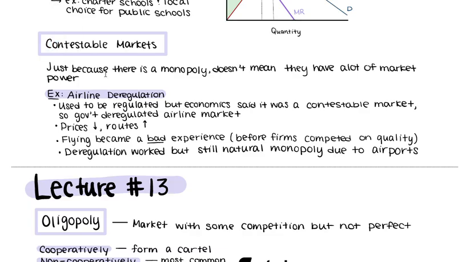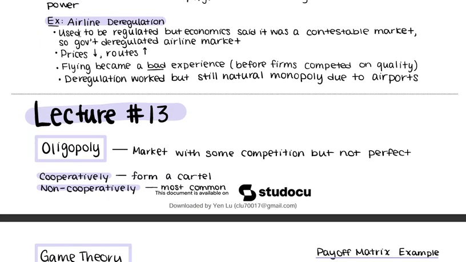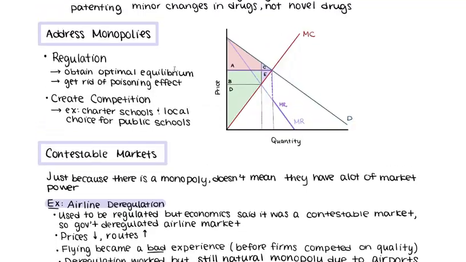So it's a contestable market. For example, airlines used to be regulated, but economists said it was a contestable market, so governments deregulated airline markets. Deregulated means they don't set a price or something.